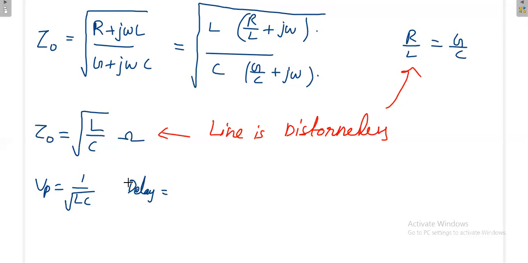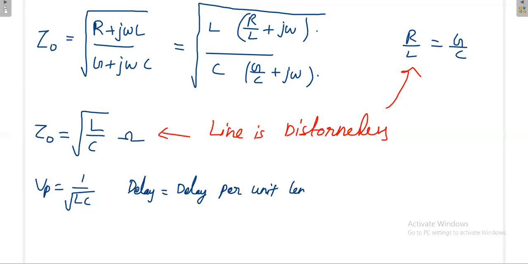Delay does not mean the delay between the transmitter and receiver. In our notation, delay means delay per unit length. That is, if a signal travels 1 meter from a point, how much delay is there? That is the meaning of delay per unit length.